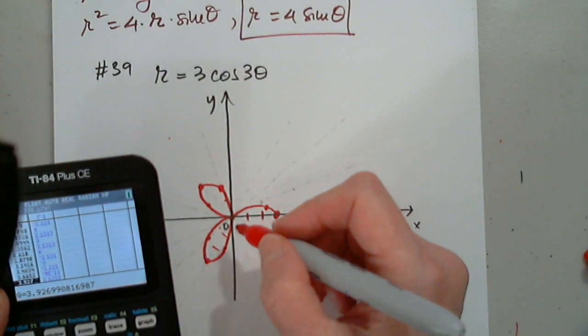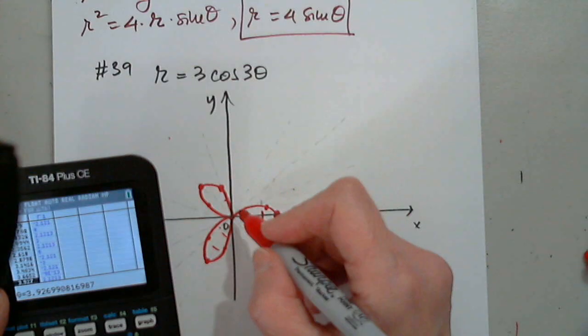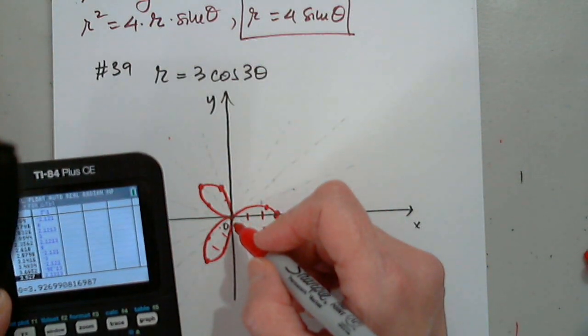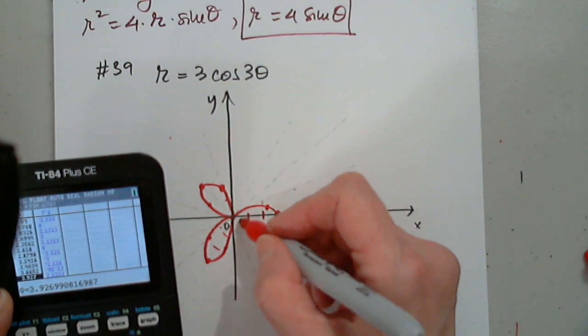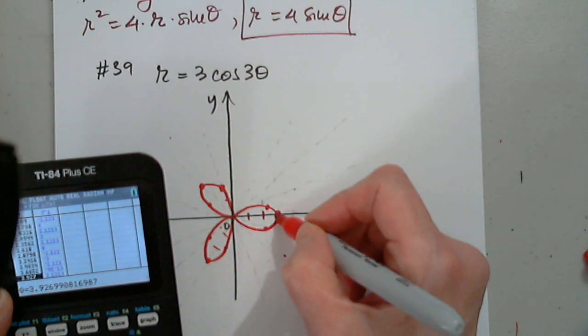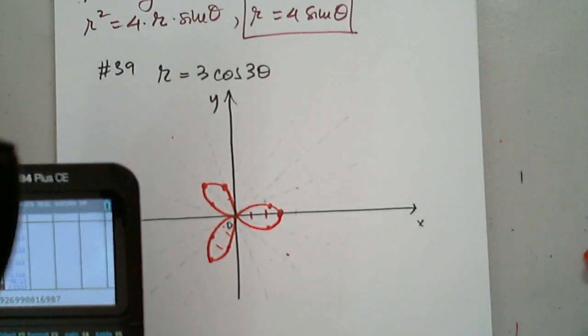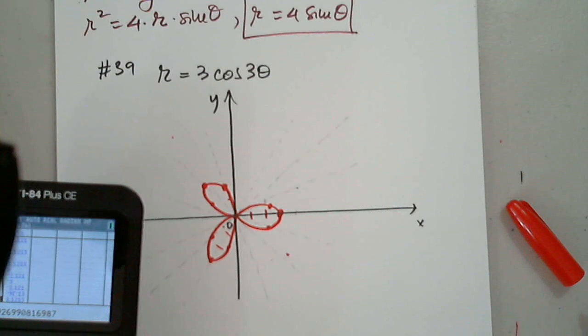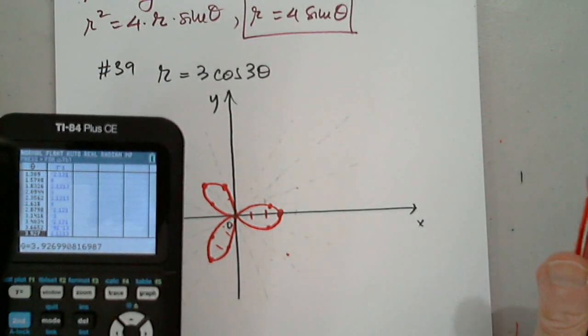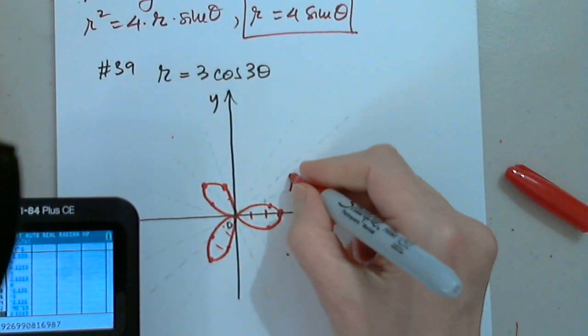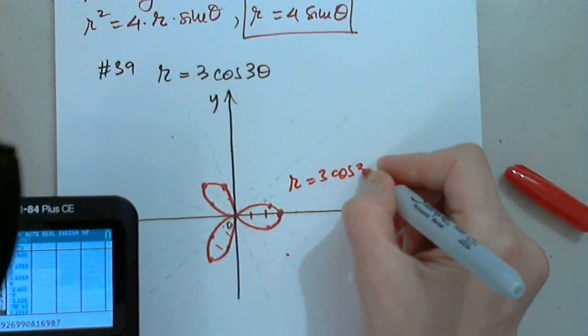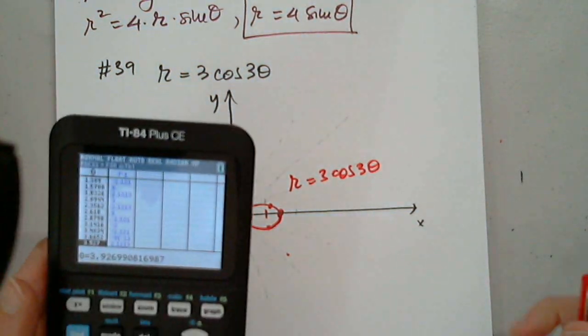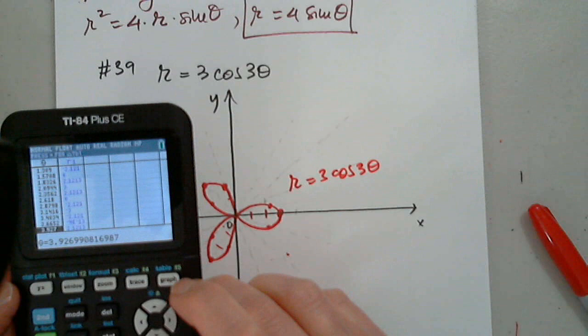Okay, and then at 3, and I close the circle. Okay, I know this is not very easy. So we can write somewhere that r equals 3 cosine 3 theta. Can we graph this? Yes, we can.